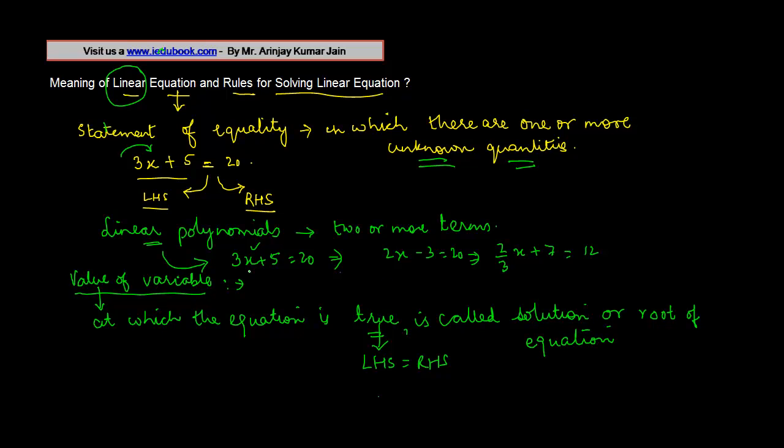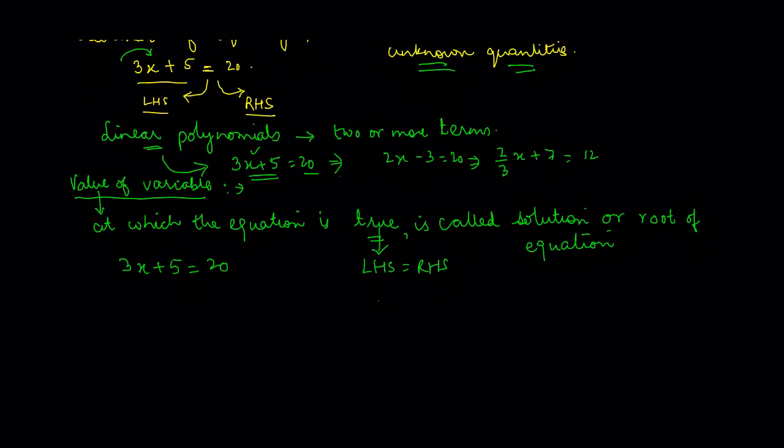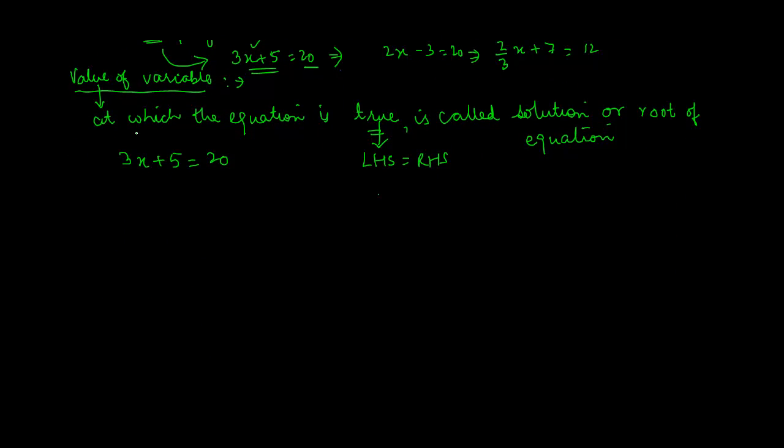Now let's see this particular case. So we are given that 3x plus 5 is equal to 20, right? Now if x is equal to 5, then what will be the value that this equation will carry? It will carry 3 times x, which means 5, plus 5, the left hand side. 3 into 5 is 15, plus 5 is equal to 20, which is nothing but the right hand side.